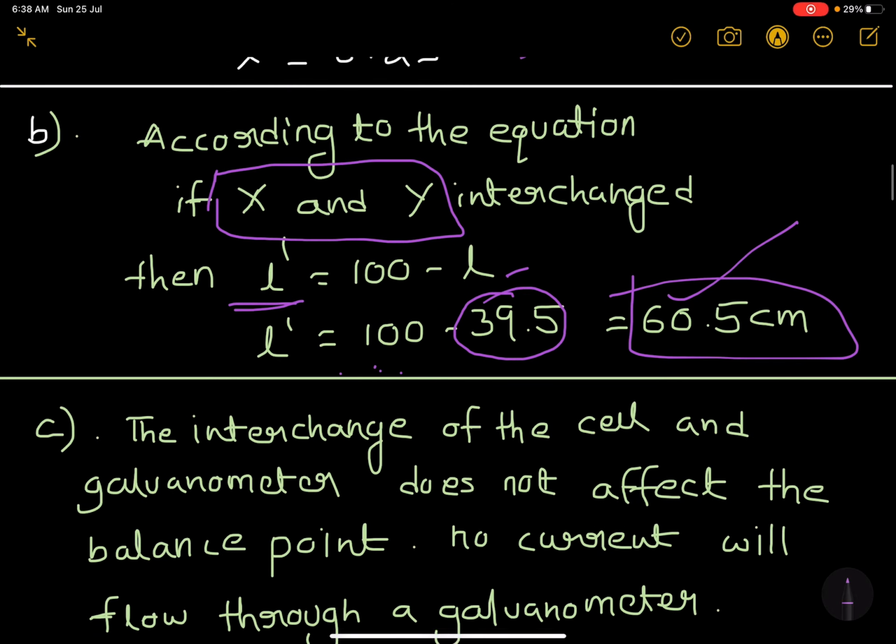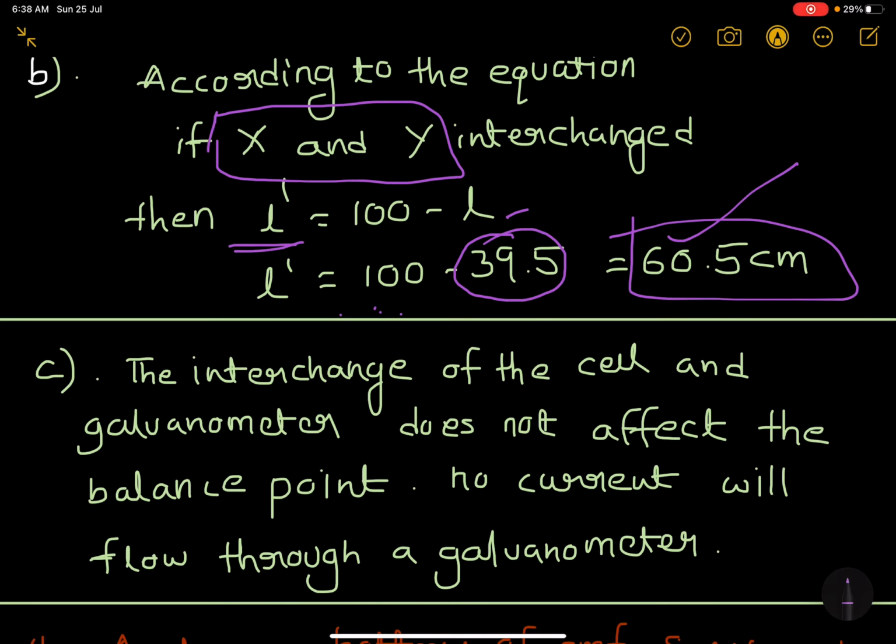In the third question, interchanging the cell and galvanometer does not affect the balance point. No current will flow through the galvanometer. A galvanometer is a device to detect feeble, very small currents, and it also shows direction.